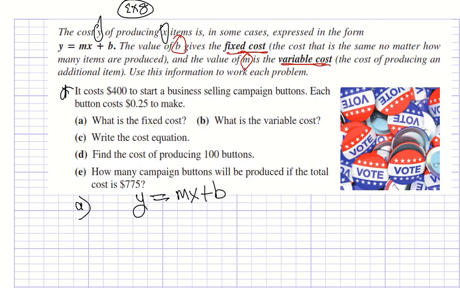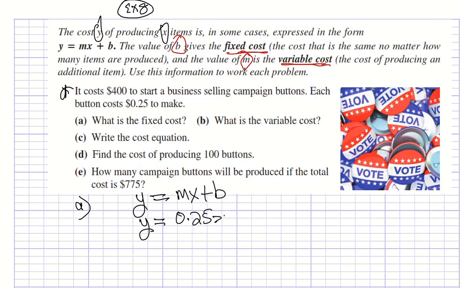Based on what they're telling us, the equation becomes 0.25x plus 400.